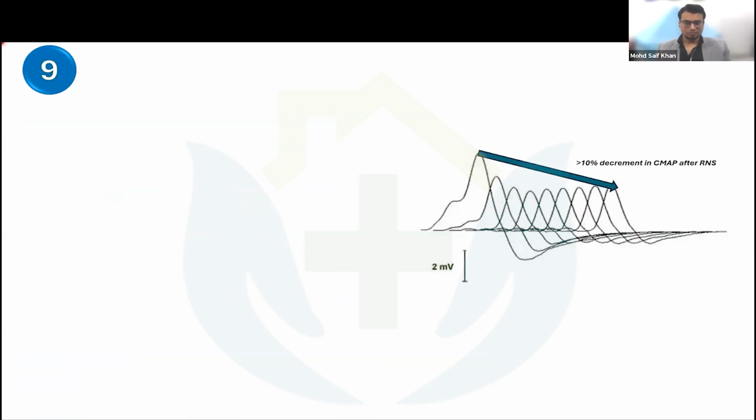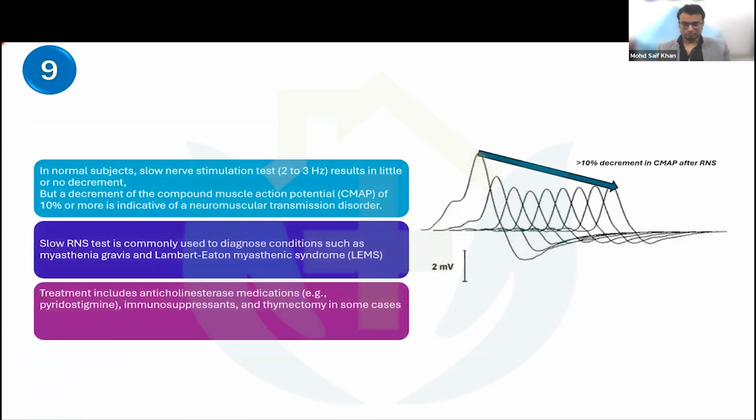More than 10% decrement in CMAP, compound muscle action potential, after repeated nerve stimulation. There are two types of nerve stimulation test, slow and fast. What we are talking about here is slow, and there is more than 10% decrement, so the diagnosis is clear here. Now what is the treatment?